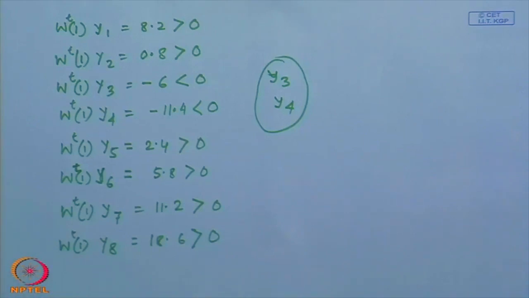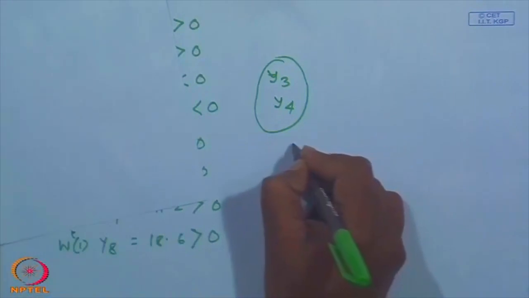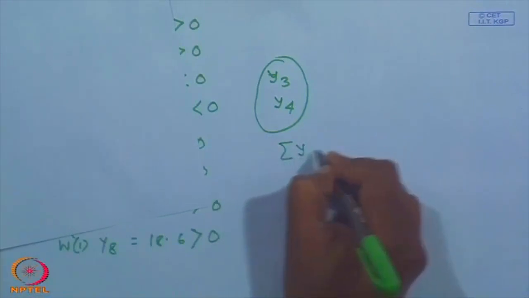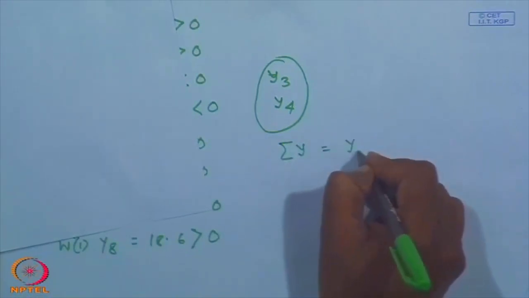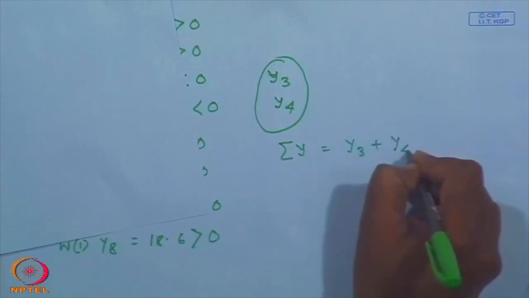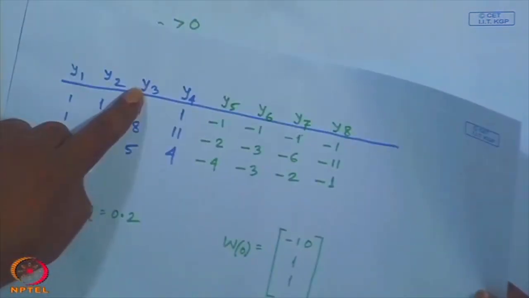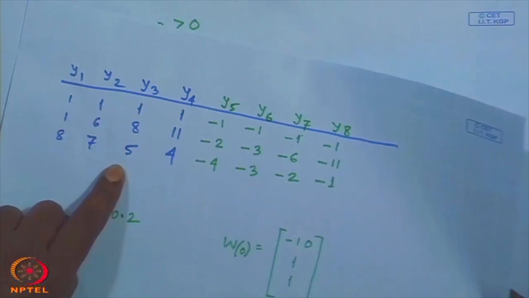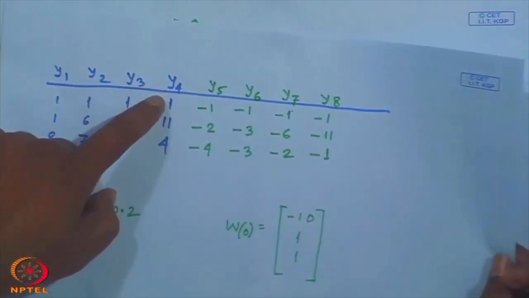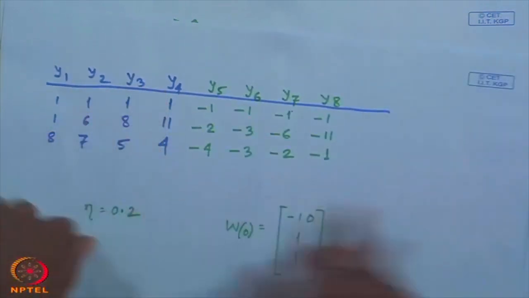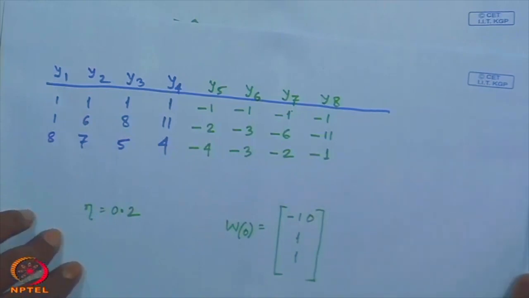And if I add this y3 and y4, so sum of y is nothing but y3 plus y4, and you find that y3 is this and y4 is this. If I add these two, I get 2, 19 and 9.